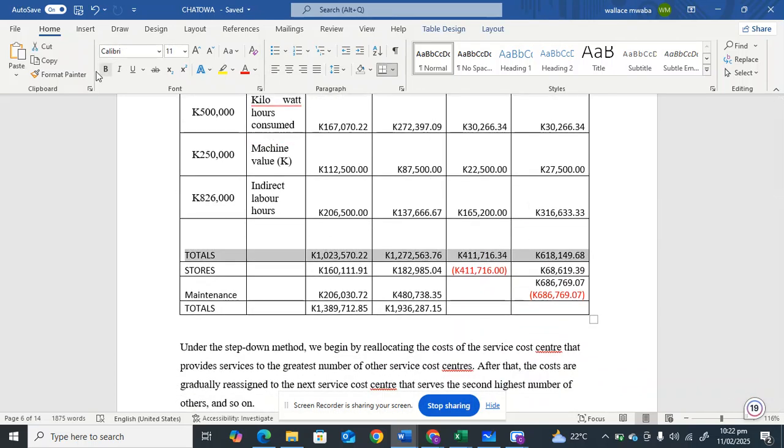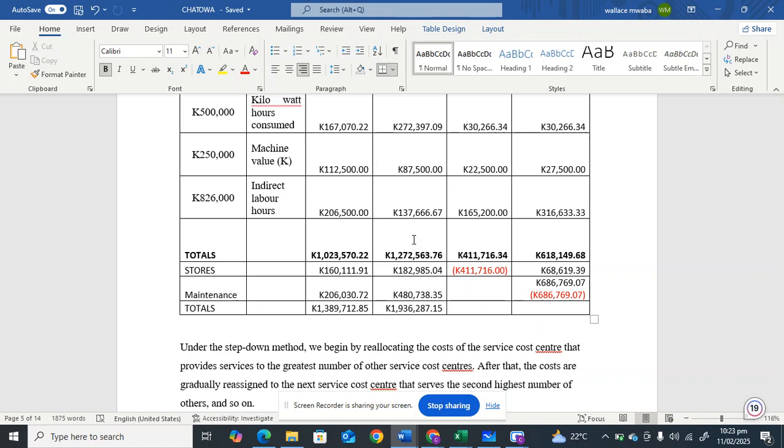So now after you get the totals, the next step is you need to reapportion the overheads for the service departments. The service departments are not involved in directly making the goods and services, or whatever is being produced by the company.